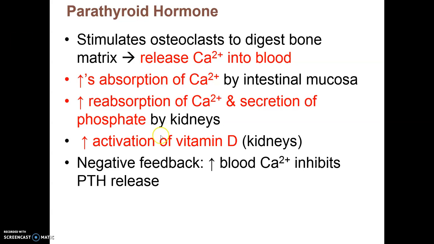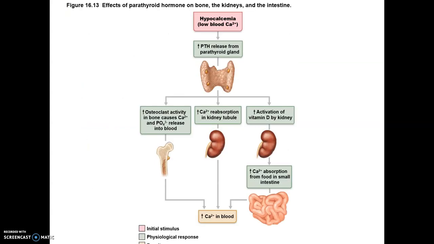The level of parathyroid hormone is also maintained by negative feedback. If the level of calcium goes up in the blood, it will inhibit parathyroid hormone release. So see, this is hypocalcemia, low blood calcium level.